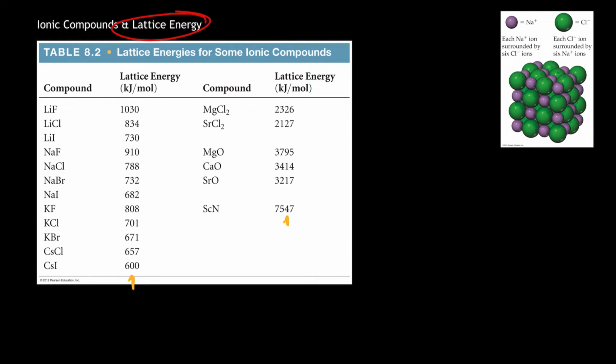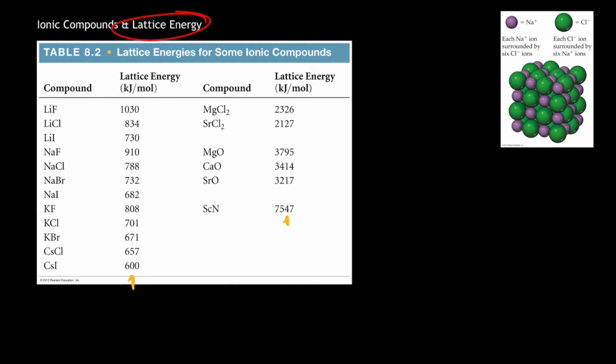Note that other books, and even the AP exam, often define it in the other direction, as the energy released when two gaseous ions come together to form an ionic solid. Obviously, you have enough knowledge to understand that if the values are positive, it's the energy required to break. If the values are negative, it's the energy released.